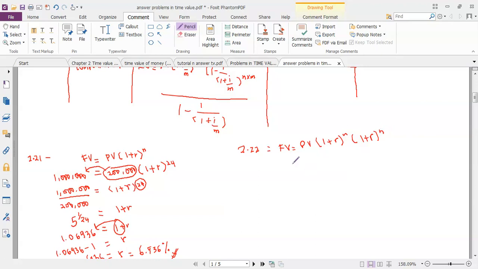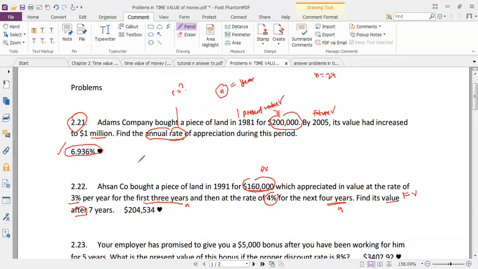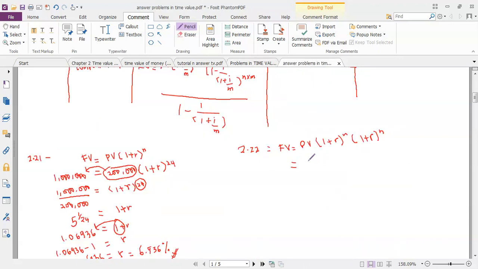So please put the present value there. Present value is 160,000.